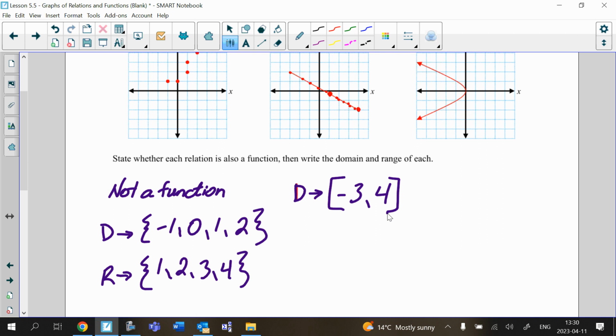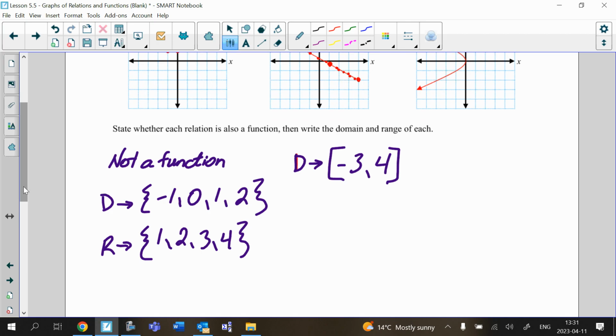How do you write this using set notation? Less than or equal to. Good.